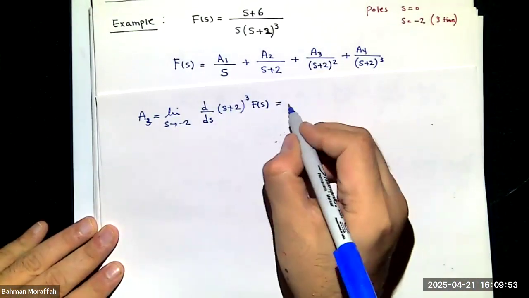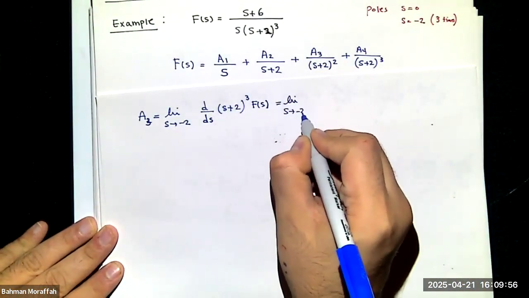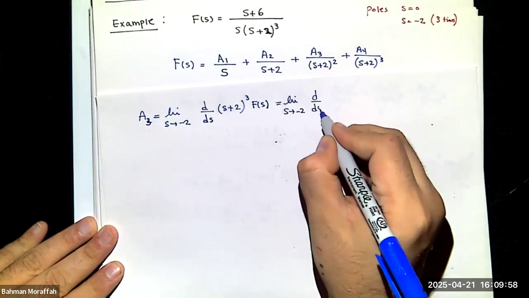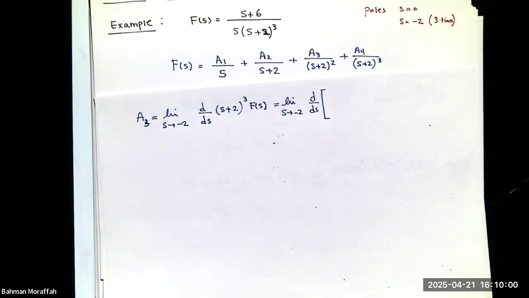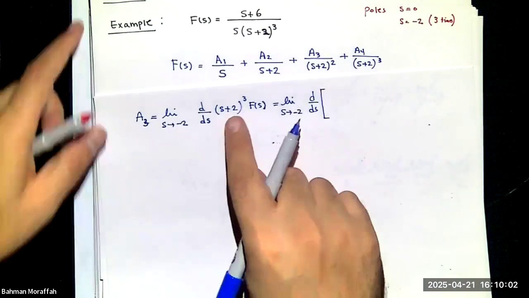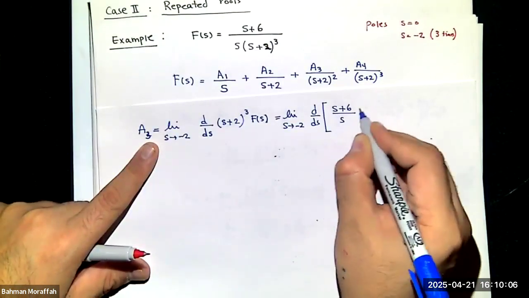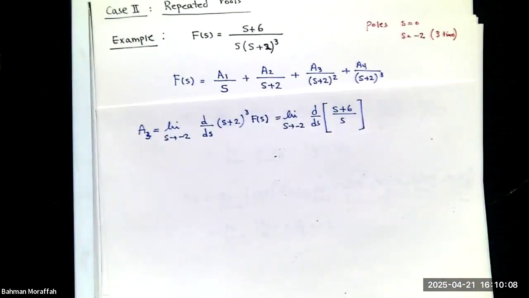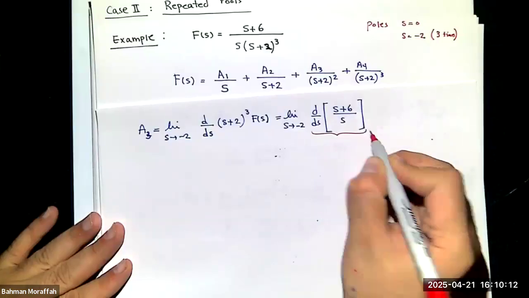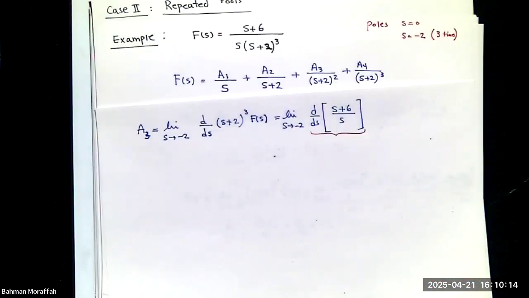So if I do that, that's the limit as s goes to -2 of d/ds of, well, I have to multiply the whole thing by this number, so I have s plus 6 divided by 6. Right? What is the derivative of this? Well, it's the derivative of the numerator times the denominator minus the derivative of the denominator times the numerator, divided by the denominator squared.